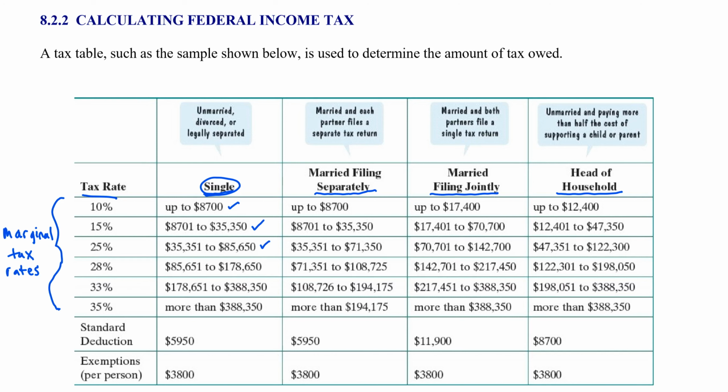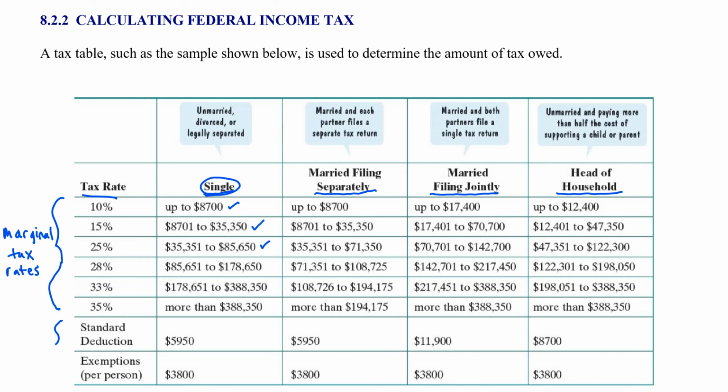So again, we are breaking up taxable income into chunks or brackets and applying an increasing percentage for each portion of income. It's important to realize that we do not pay a single percentage applied to taxable income, but our taxable income is broken up into segments, and we pay increasing percentages on each segment up to some point.